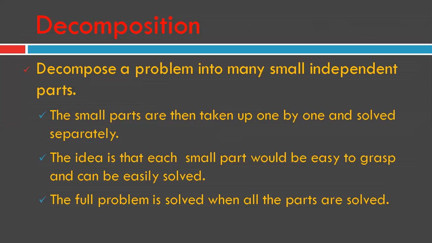So a good decomposition of a problem should minimize the interactions among various components. If the different subcomponents are interrelated, then the different components cannot be solved separately, and the desired reduction in the complexity will not be realized.